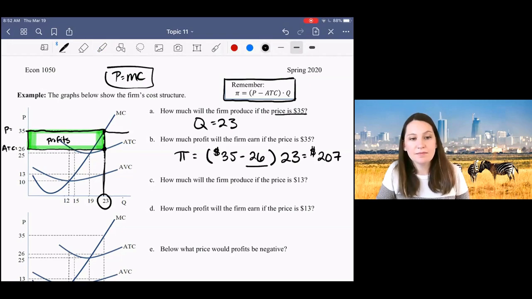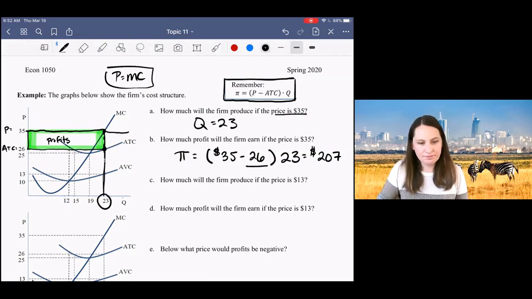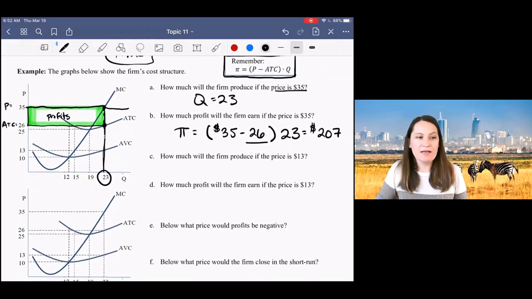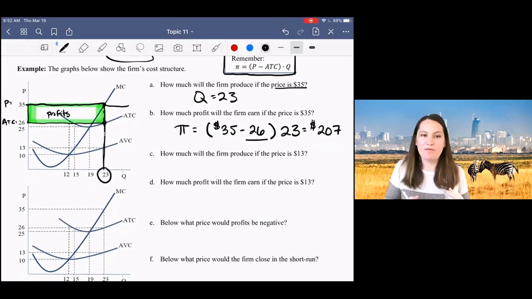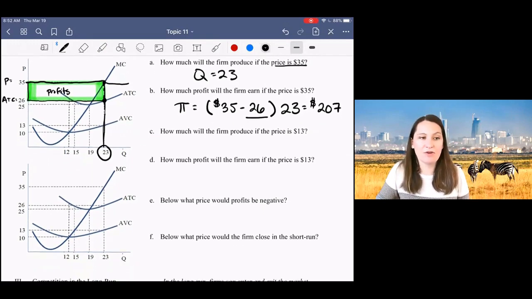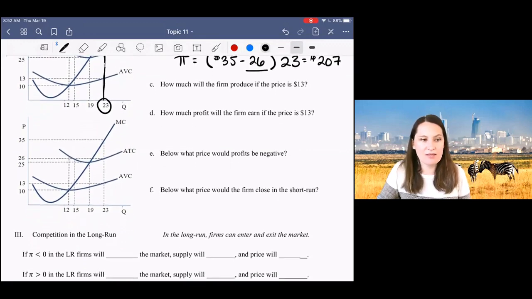That's profits. The area of that rectangle is $207, and that's how much profit the firm will earn in this situation. The great thing about these graphs is that we can answer now, how will the firm behave? Will it shut down? How much will it produce? How much profit will it earn? For any price in the market. We have all the information here to tell us how the firm behaves at any market price.